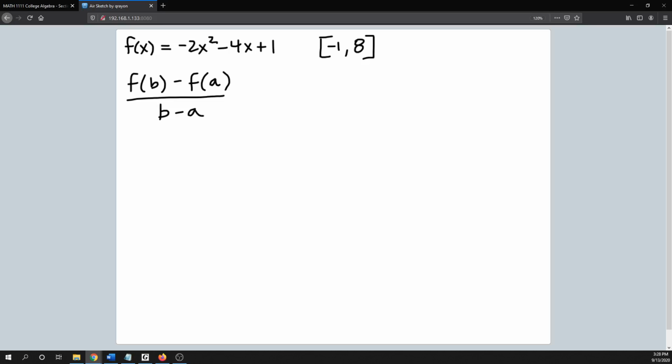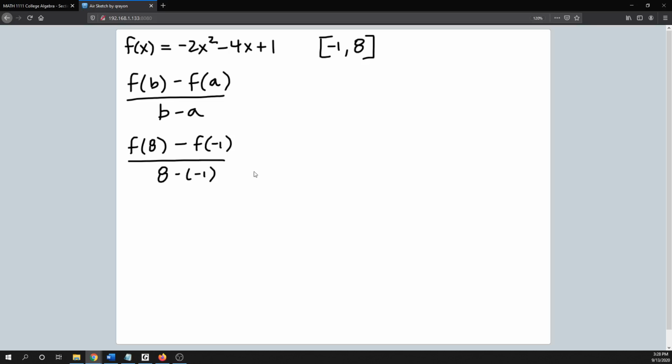In this case, 8 would be playing the role of b, and negative 1 would be playing the role of a. So it would be f of 8 minus f of negative 1 on top. On the bottom, it would be 8 minus negative 1.